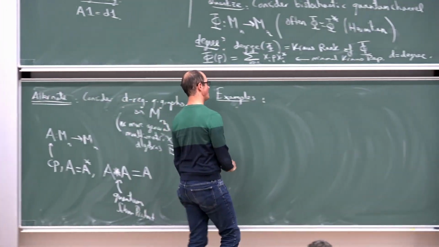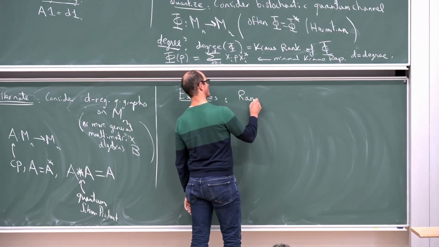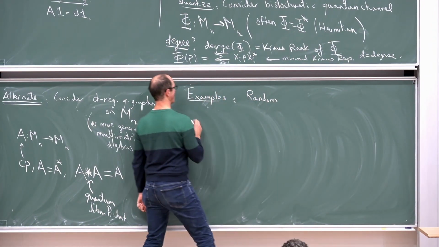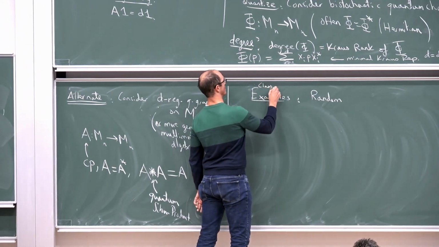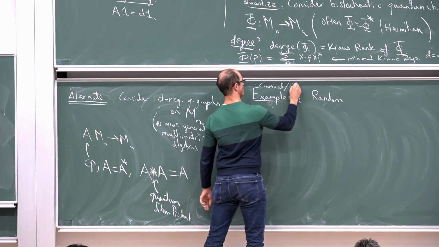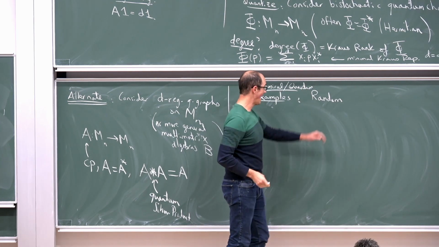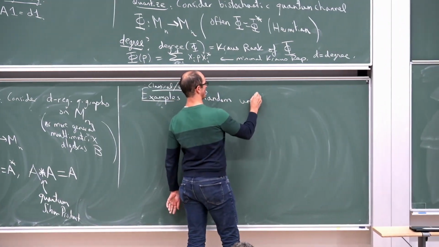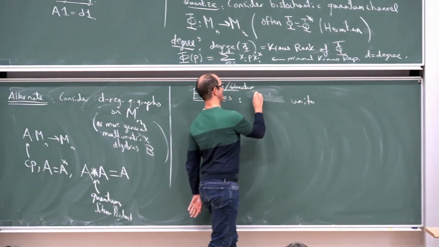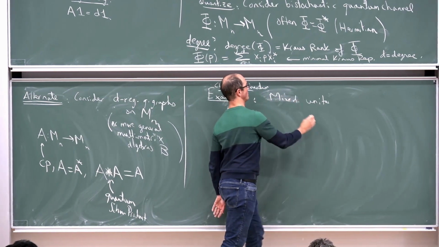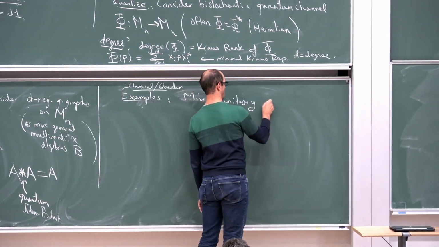So one way to do this is random unitaries. And maybe we might want to think about classical and quantum versions. So random unitaries are very natural, or rather I should say mixed unitary channels. These are natural examples.